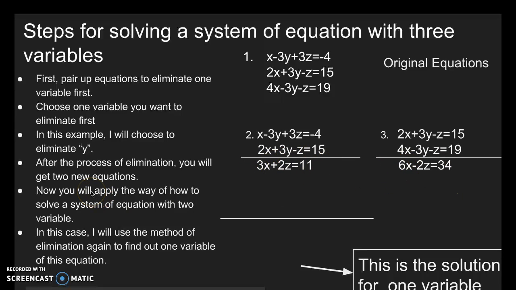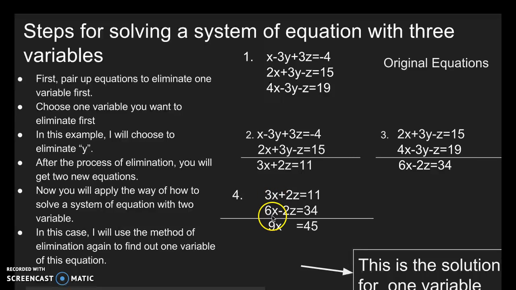Now we will apply our old way of solving a system of equations with two variables only. In this case, I will use the method of elimination again to find one variable. So we set up our two new equations in the elimination process. I'll put 3x plus 2z equals 11 on top, then the other equation on the bottom.